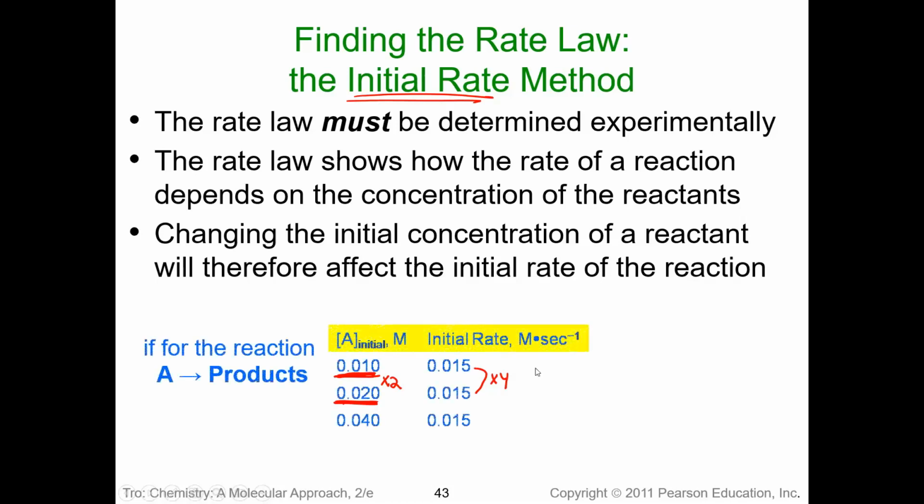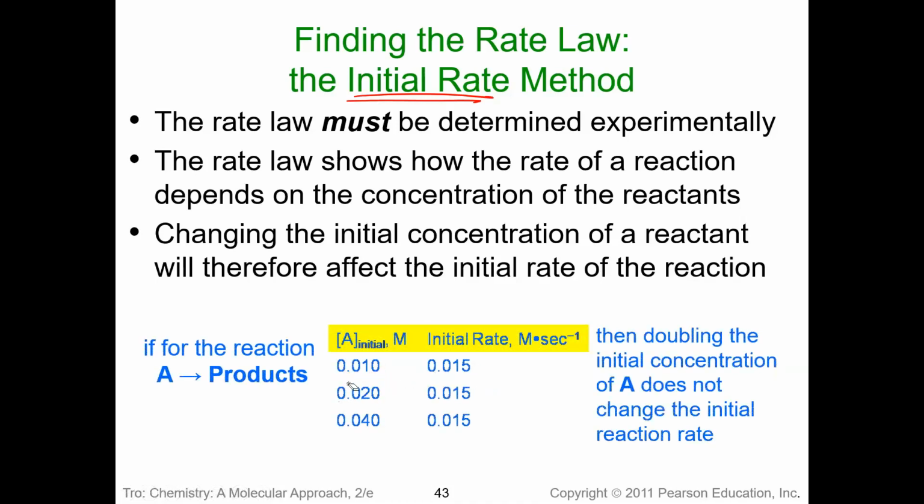So in this one here, we doubled this, no change. This is called a zero order reaction. So we doubled our concentration, but nothing happened to our rate. We call that zero order.